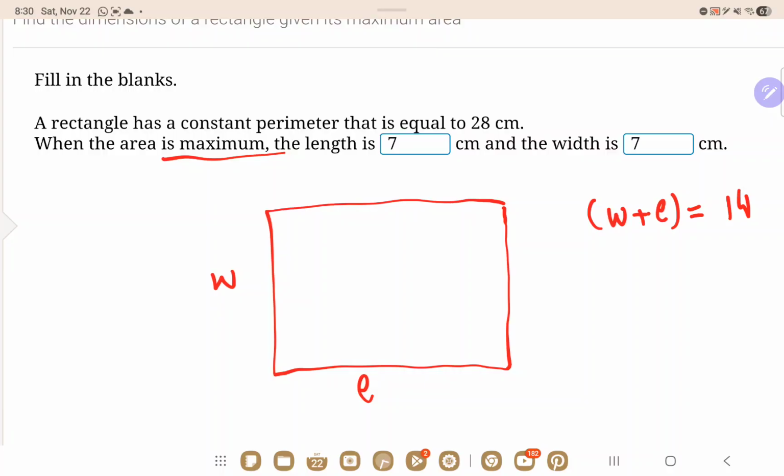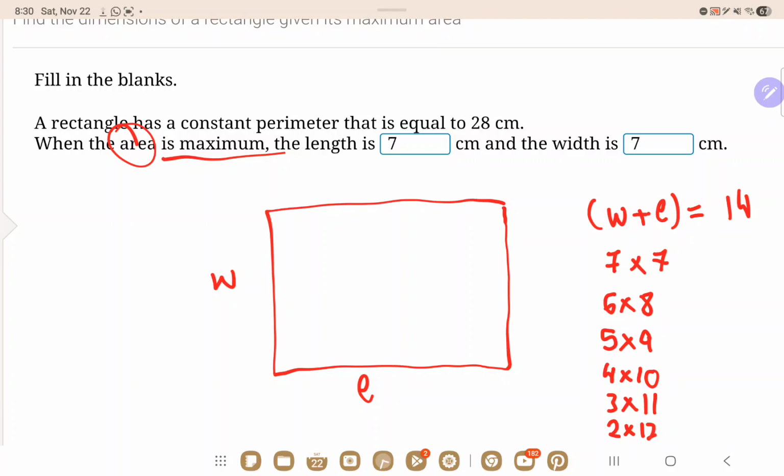Now we have to take different cases where we add width plus length and get 14. You have 7 and 7. But you're going to multiply them because they want the area maximum. 7 times 7, you have 6 times 8, 5 times 9, 4 times 10, 3 times 11, 2 times 12, and then it repeats.